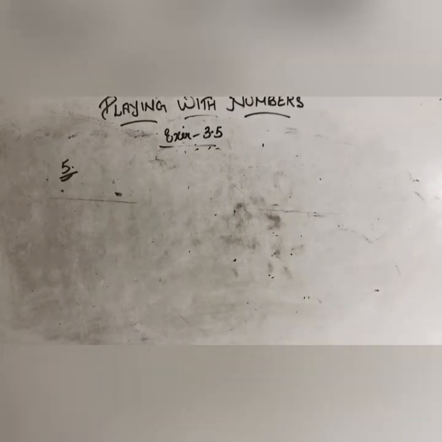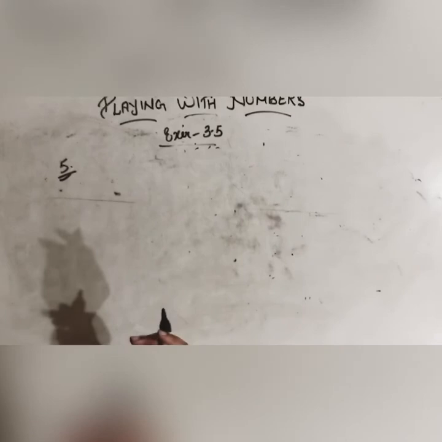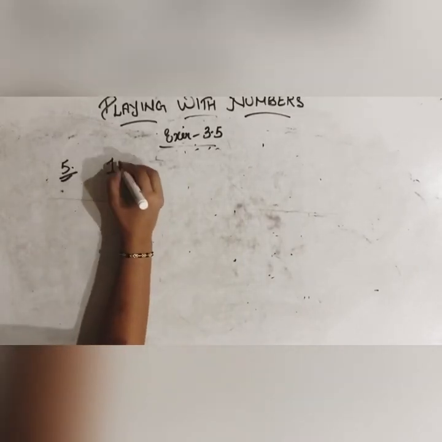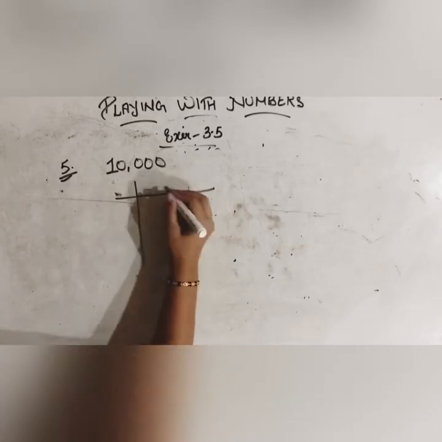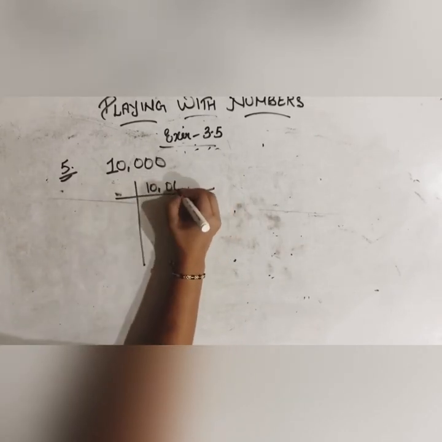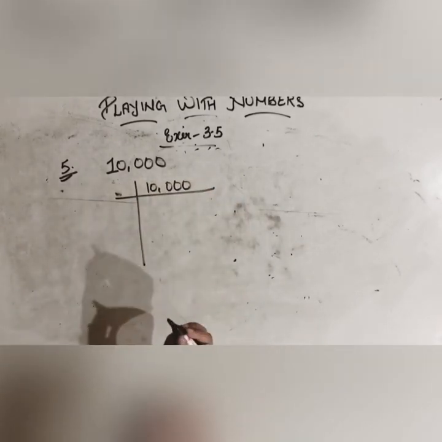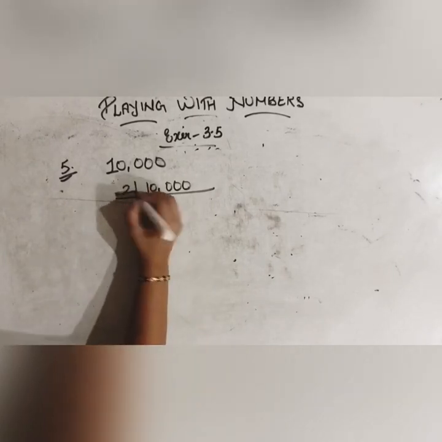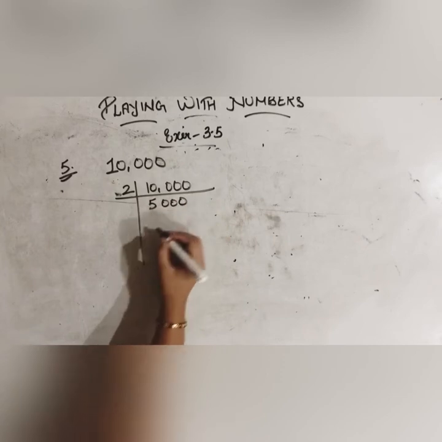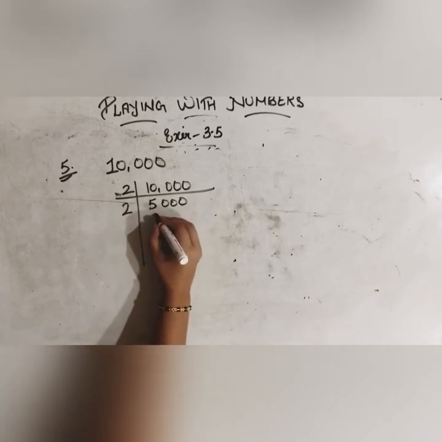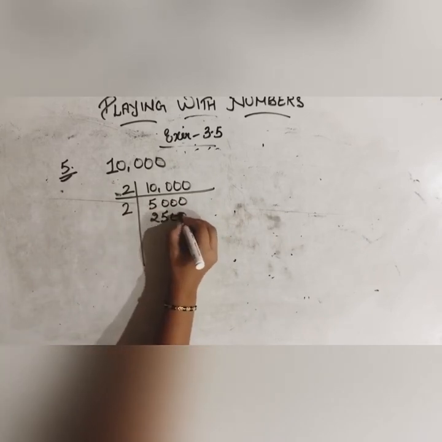Next question is, write the smallest 5-digit number and express it in the form of prime factors. Now the smallest 5-digit number will be 10,000. You have to find the prime factorization of 10,000. Again start from 2. So it will be 5,000. Again 2. 2,500.